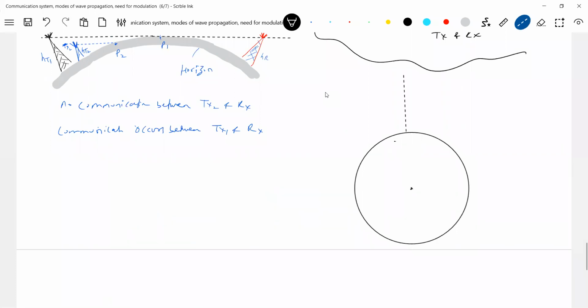An antenna is needed, no? There's an antenna, so it will radiate. There's the center of the earth, we'll take O.